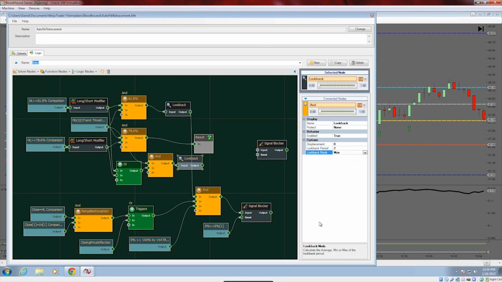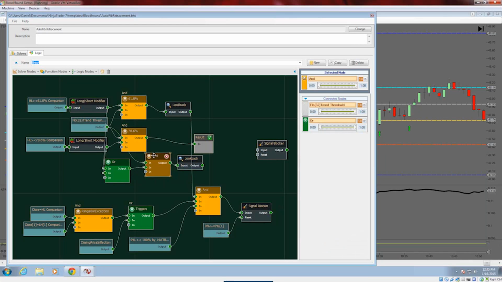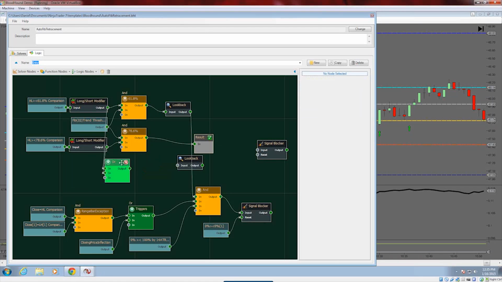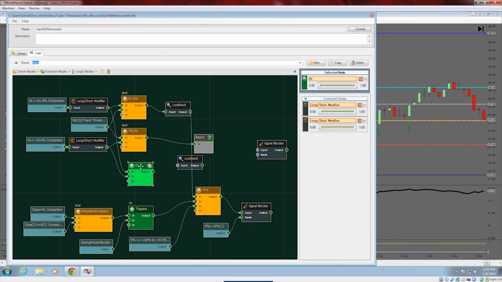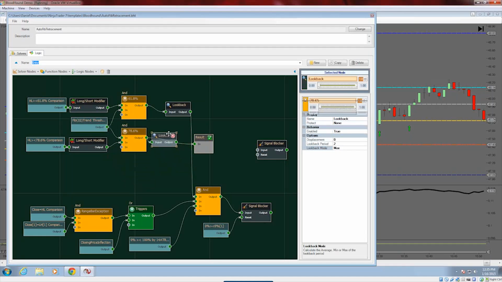What you do is you start off with an idea, and you look at it, and you go, yeah, I need some little adjustments, some little tweaks. You make those, and you go, well, maybe there's a better way that I can build another condition. So you go through this iteration process as you're building a complex BloodHound system or a complex trading system.